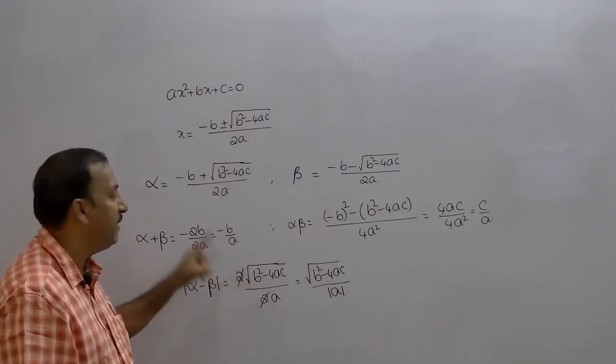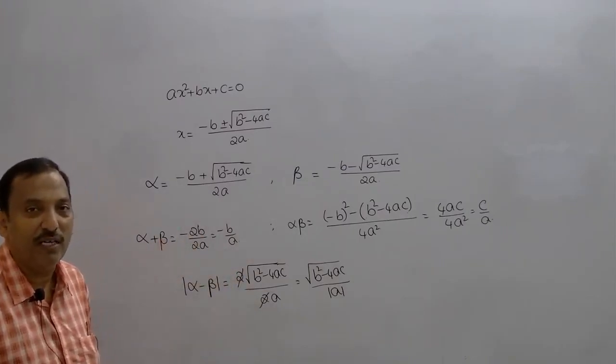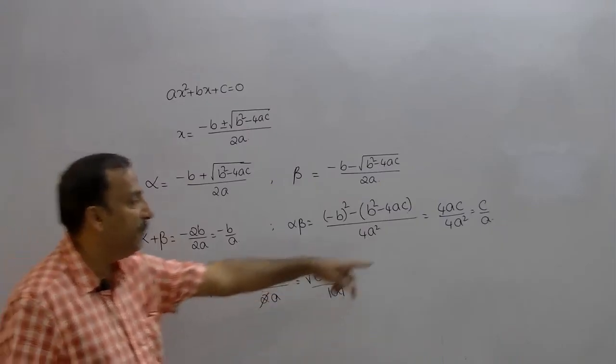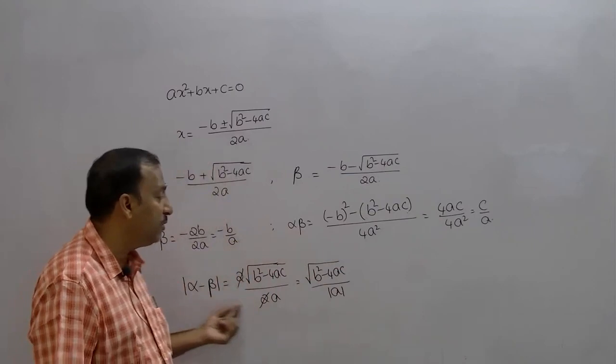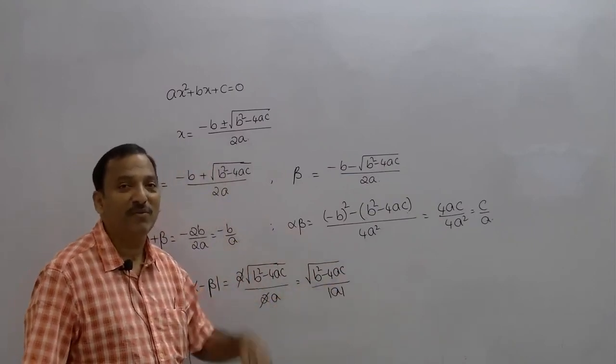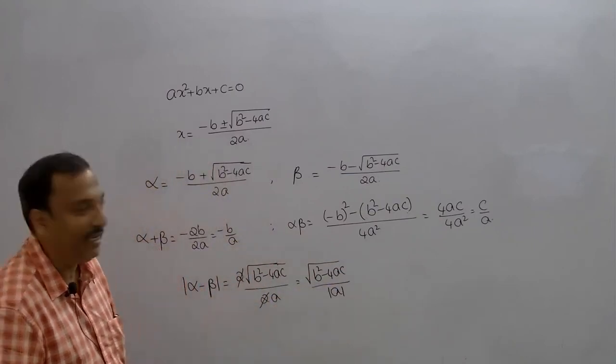So the sum of the roots of the quadratic equation is minus b by a, the product of the roots is c by a, and the difference of the roots is root of b square minus 4ac by mod a.